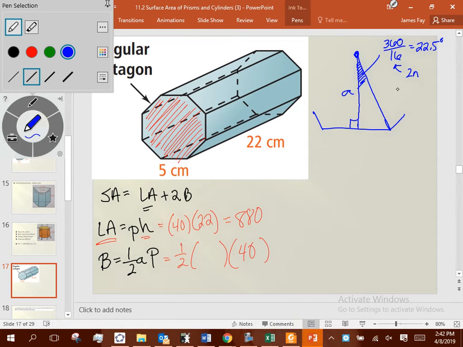N is the number of sides, so we've got 8 sides in an octagon, and we just double it. Dividing by 8 would find the central angle, and then we want to cut that in half to get just this one. So that's 22.5. Now what is this distance here?